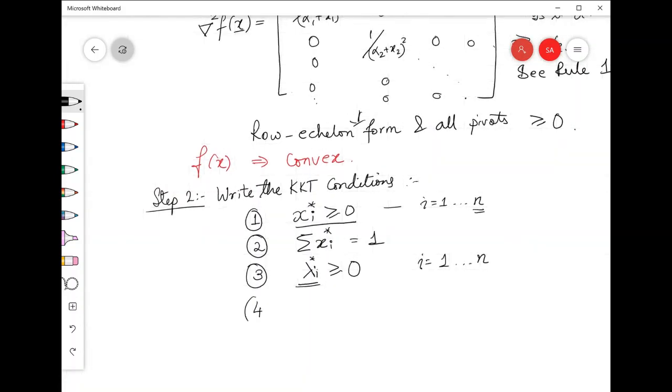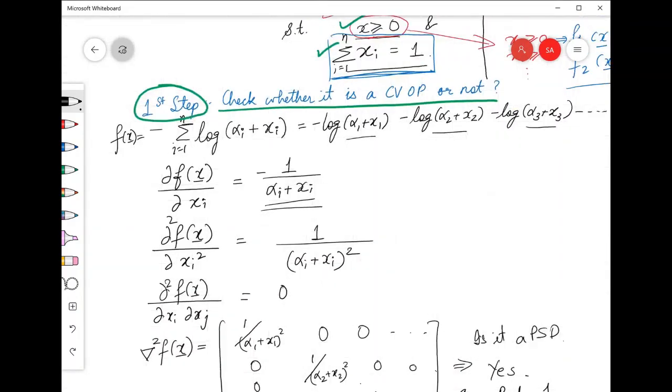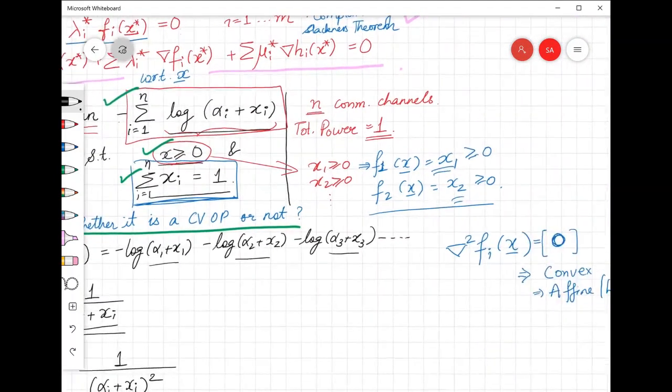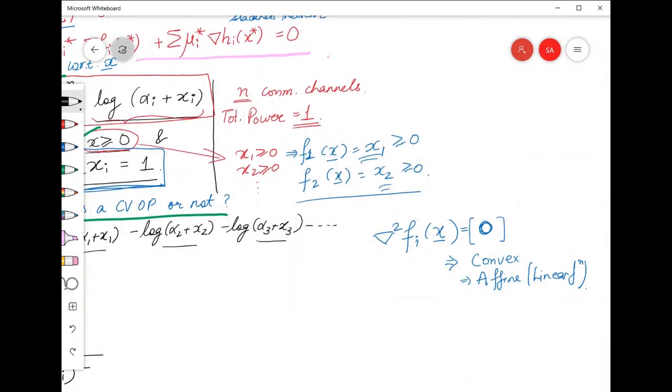Now the fourth one is, see, I have to write it in the standard form. I should convert this into the standard form.